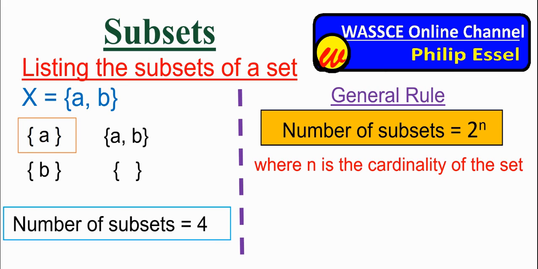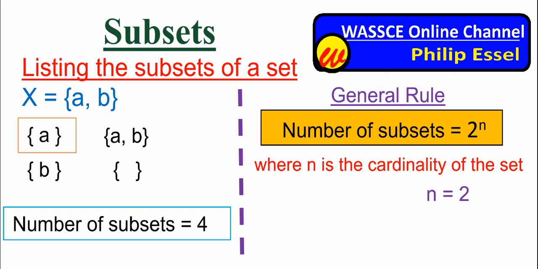So, for example, for this set X, its cardinality is 2 because it has 2 members or 2 elements in it. So, for this set, n is equal to 2. Remember, we said n is the cardinality of the set.